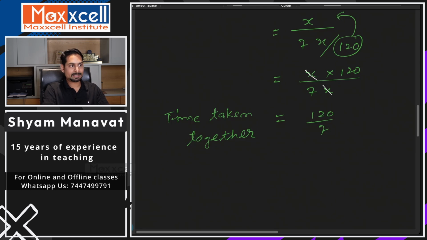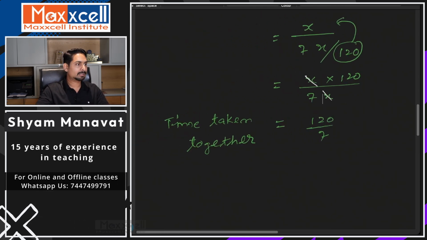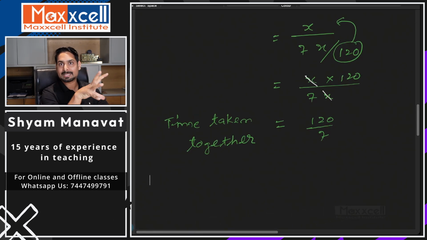So this is method number 1, and I hope you are clear with the message which I am trying to give you here: in this type of question where you have the efficiency of individuals, where the individual names are mentioned, you need to calculate the efficiency of each individual.